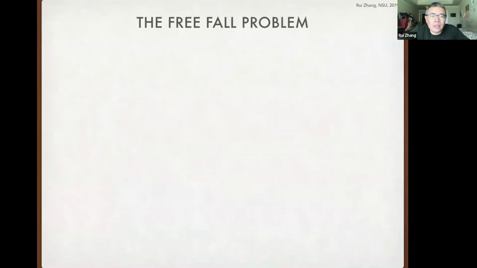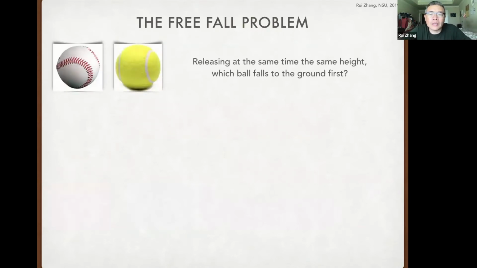Okay, so let's talk about a specific example. That's kind of going along the same line as you throwing something in the air. This is called the free fall problem. If you have a tennis ball and a baseball, do we have any questions here?